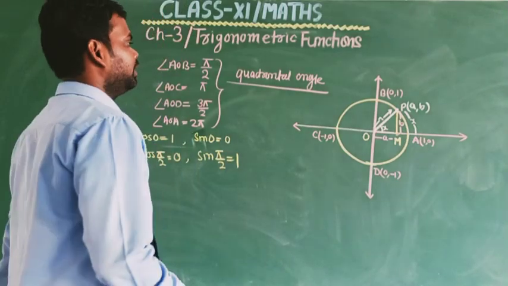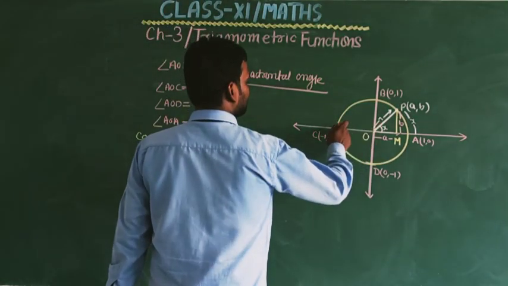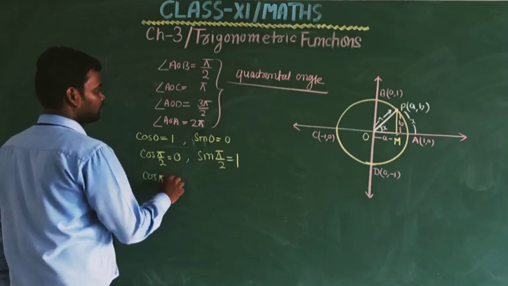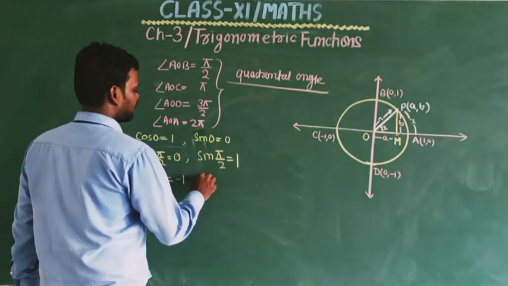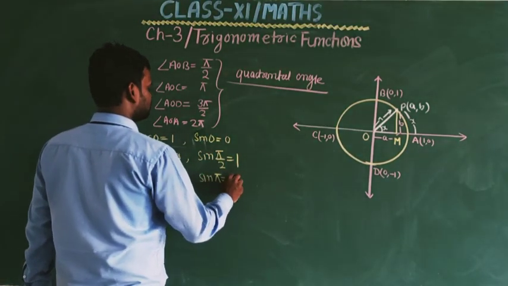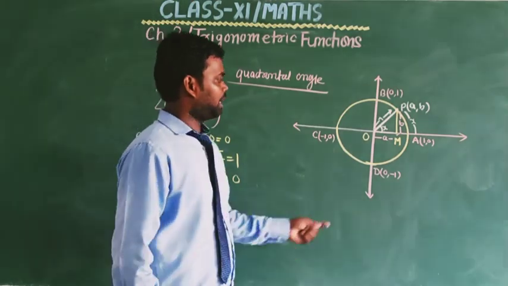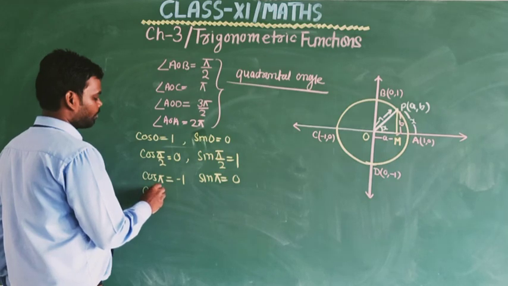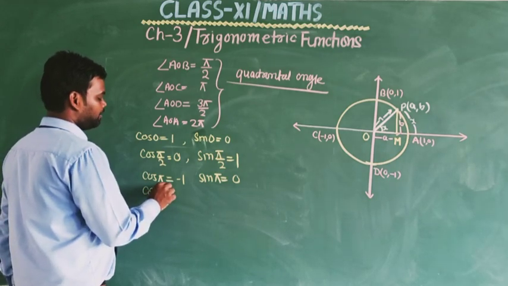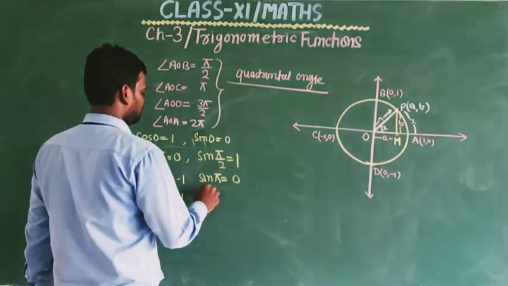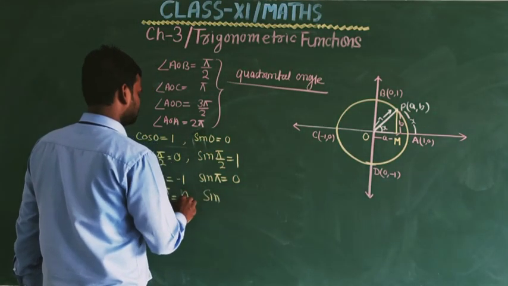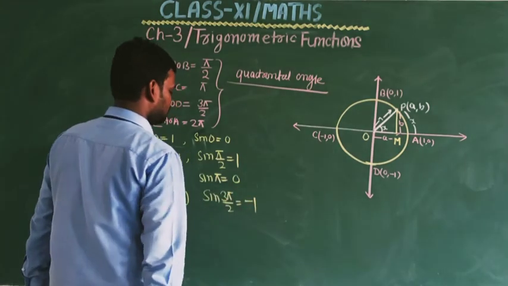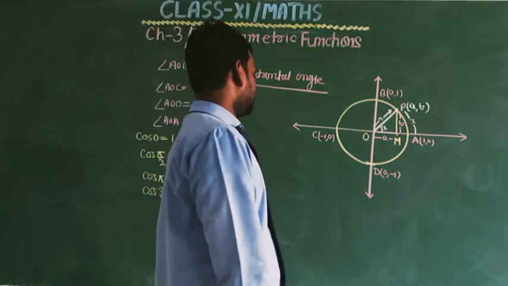Next, again, if it reaches point C, then cos pi equal to -1 and sin pi equal to 0. And similarly at point D, cos 3 pi by 2 equal to 0, and sin 3 pi by 2 equal to -1.